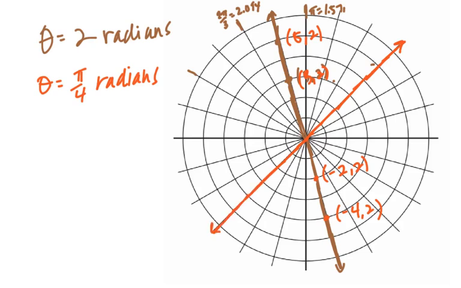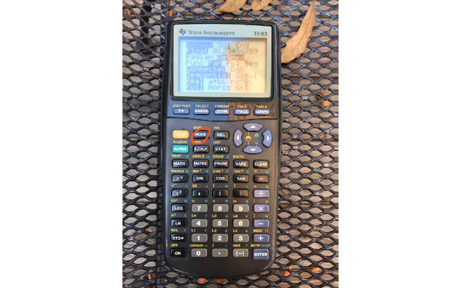Now your calculator isn't very helpful here. If you go to the mode button, like we talked about last time, and make sure you're in radians because we work in radians, and then go down to the type of graph, you're going to go to polar. The first one is function, the second one is parametric, the third one is polar. So you choose polar here, but make sure that you're in radians.